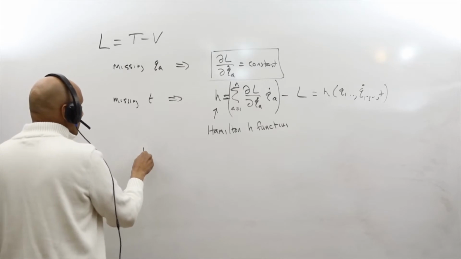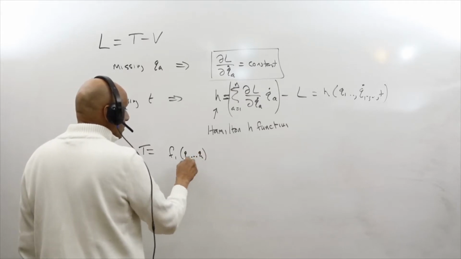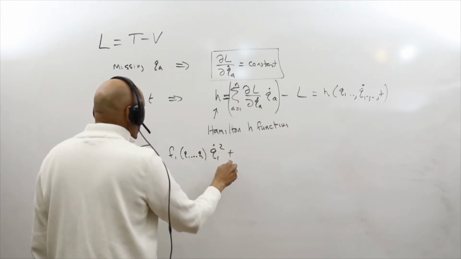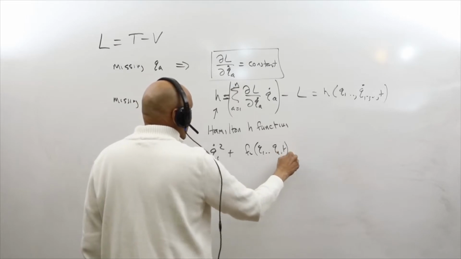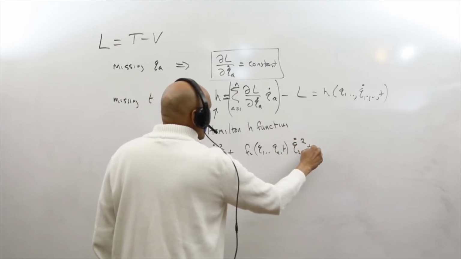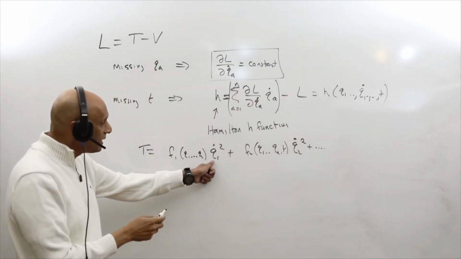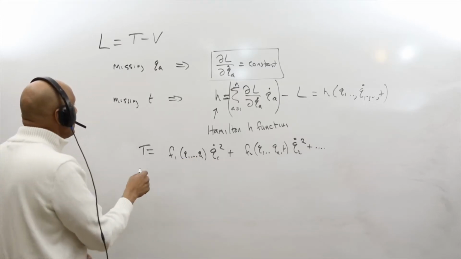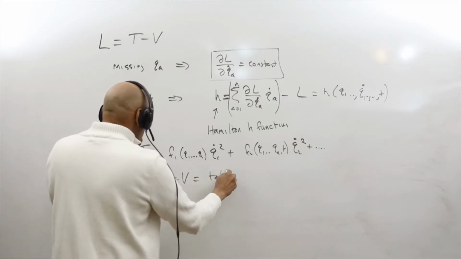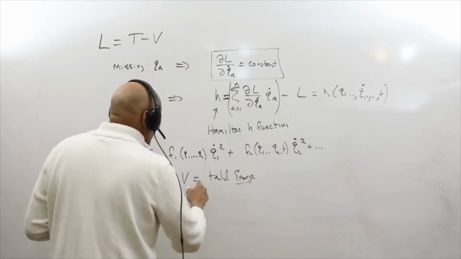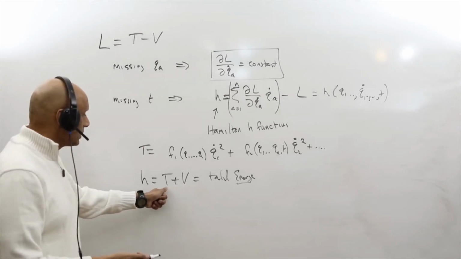In the special case where the kinetic energy is a function of Q1 to Qn, maybe even time, times Q1 dot squared, plus a function times Q2 dot squared, plus and so on all the way to the end, if your kinetic energy is in this form of quadratic terms in the derivatives of the coordinates, then the H function becomes the total energy, T plus V. Only in this form, where V is the potential energy in terms of coordinates and maybe time, T plus V is the total energy.